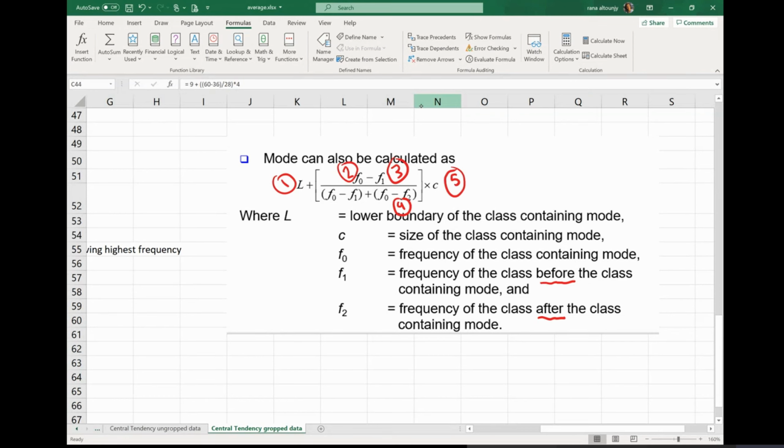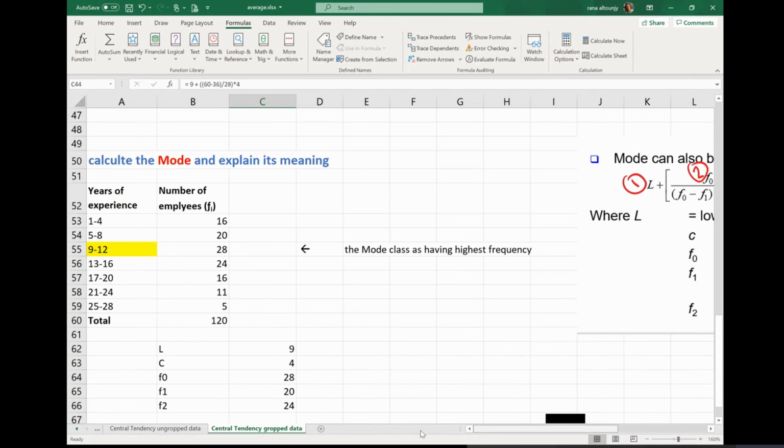So we need to calculate those 5 pieces of information. First, we need to find the class containing the mode. The mode is the number occurring many times, so the class containing the mode is the class with the highest frequency. This is the class with the highest frequency.